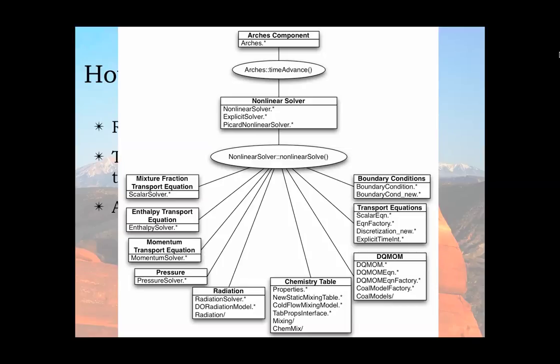There's also pressure solvers, radiation solvers, boundary conditions, transport equations, DQ-MOM stuff, the chemistry table stuff, pretty much everything. And everything's handled by this nonlinear solver. It knows how to call this class to tell it to update the mixture fraction equation, it knows how to call the boundary conditions to apply them, and not only that, but it knows there's a particular order that those things happen in.